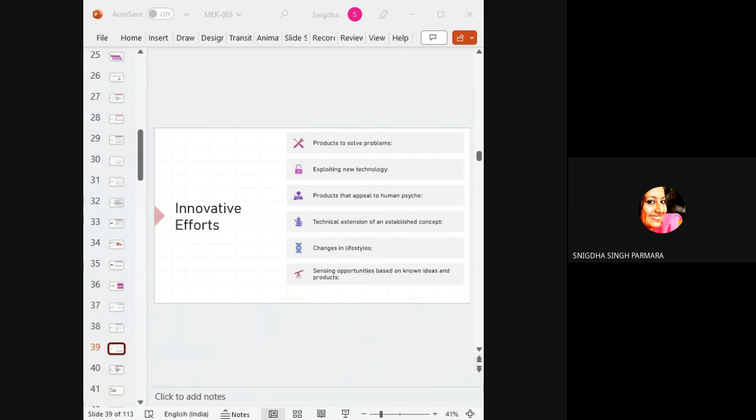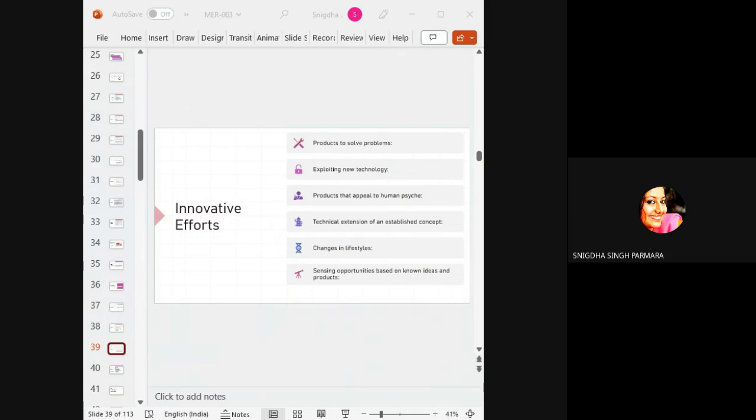Technical extension of an established concept. In the last course that I was teaching you, MER 02, under innovative products, I had discussed how mosquito repellents have changed and extended themselves over the years.